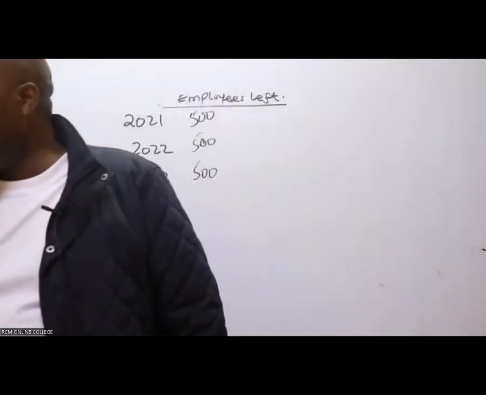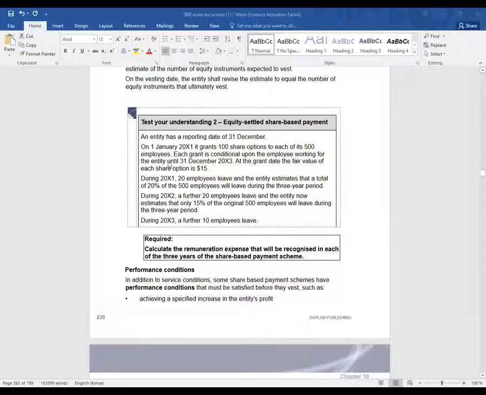So come here and read this. You're told here, on 1st January 2021, it grants 100 share options to each of its 500 employees. Each grant is conditional upon the employee working for the entity until 31st December 2023. At the grant date, the fair value of the option is 15.